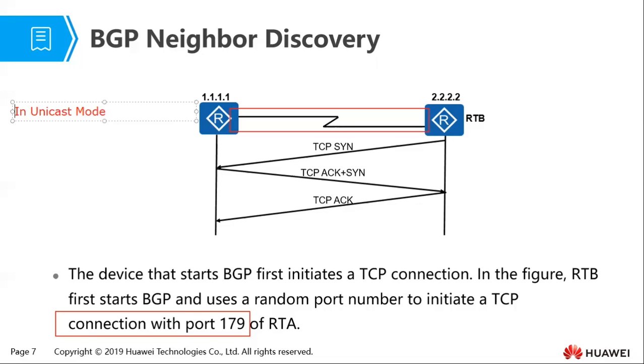So what we're saying is that, for example, OSPF discovers neighbors in multicast mode. What does that mean?